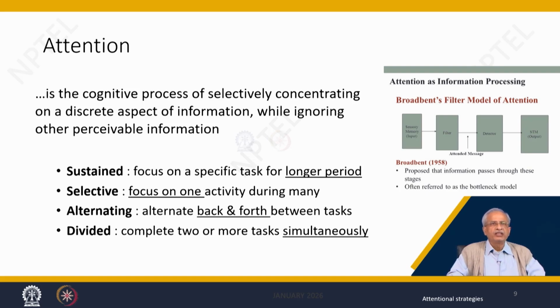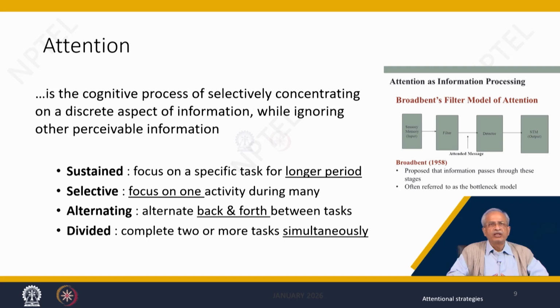Then comes alternating attention, where I can alternate back and forth between tasks. Suppose I have been doing task A, then I switch to task B, to task C, then once again come back to task B or task A. If I can go back and forth like this, it is called alternating attention.